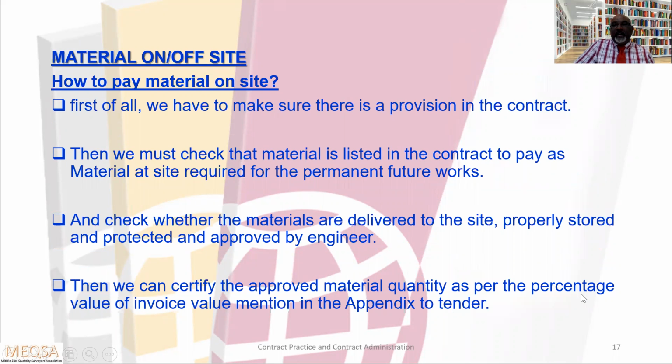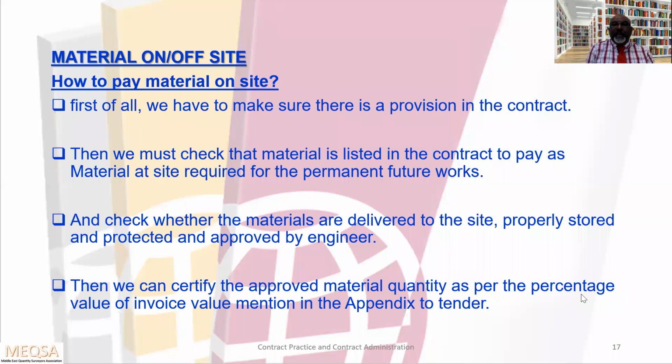Okay, let us move to the next chapter, material on and off site. Generally, they used to ask this question: how to pay material on site, how to pay material off site, like that. So the first one, how to pay material on site.